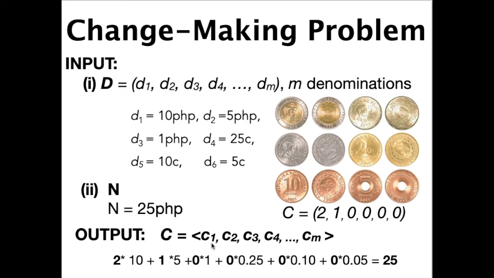We can have 2 10-peso coins, so that is 2 times 10, so I have 20, and then we have a remaining 5. For the next denomination, which is 5 pesos, I can have 1 coin. So the final answer, since wala na tayong natira from the 25 pesos, is a total of 3 coins, 2 for the 10 or the first denomination and 1 for the second denomination.